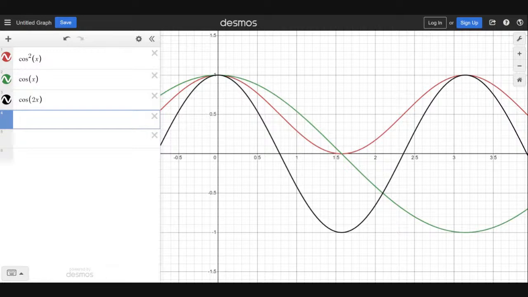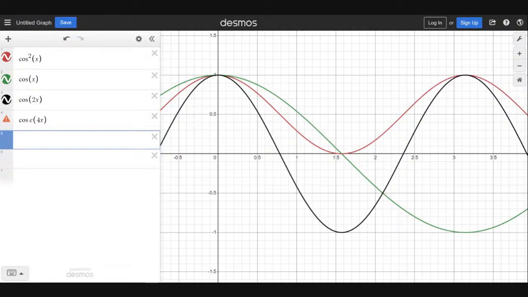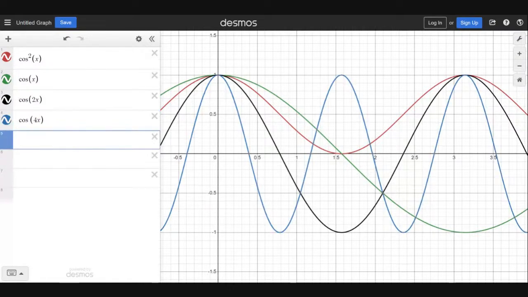22 is half of that. Let's do cosine of 4x.